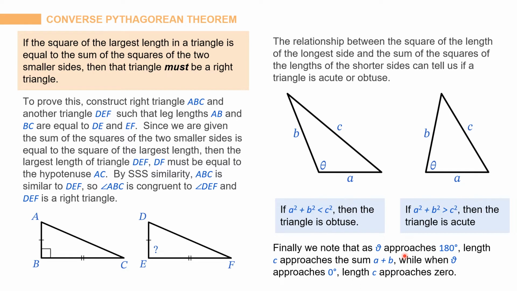Just picture as this angle opens up, closer and closer to being a straight line, the side length c comes closer and closer to the sum of a plus b. Similarly, as this angle closes down, getting closer and closer to zero, side c length approaches zero.